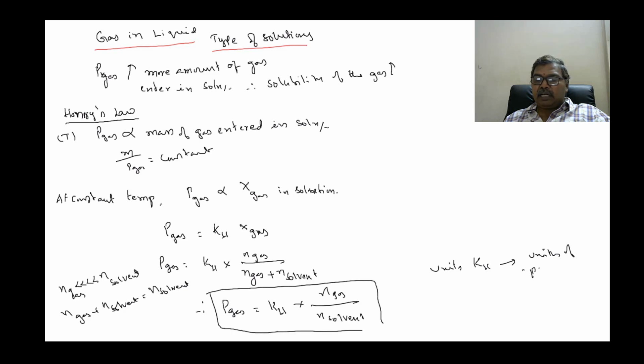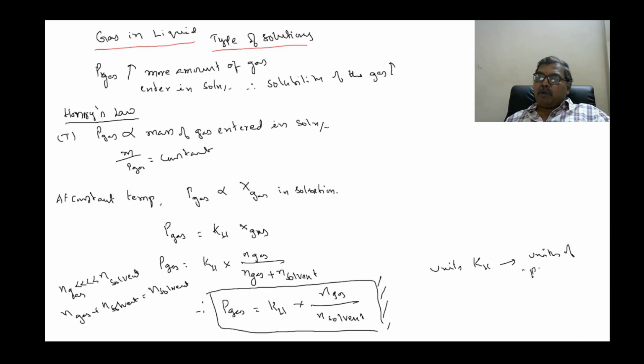They will give the data directly, KH value and everything. Then you substitute in this equation and finish it. The only problem is the simplification, because solubility of the gas in a solvent at a particular temperature is a very small value, so simplification will be a little bit hard. But solving the problem is very easy.